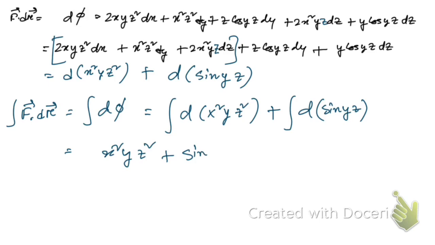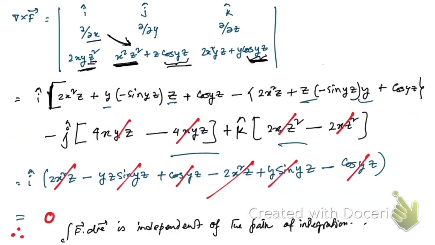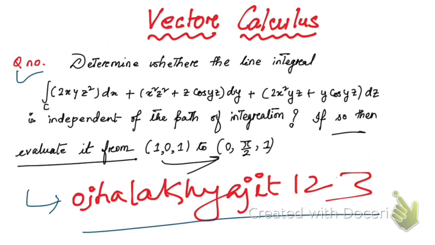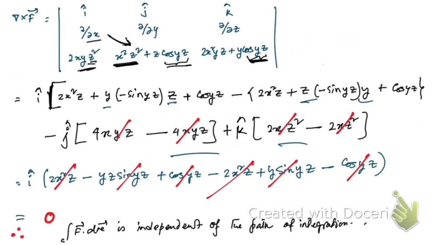Plus sine yz. Now let's go back to the question. Here you see, we need to evaluate the integration from this point to this point, right? So let's go back to the last slide.